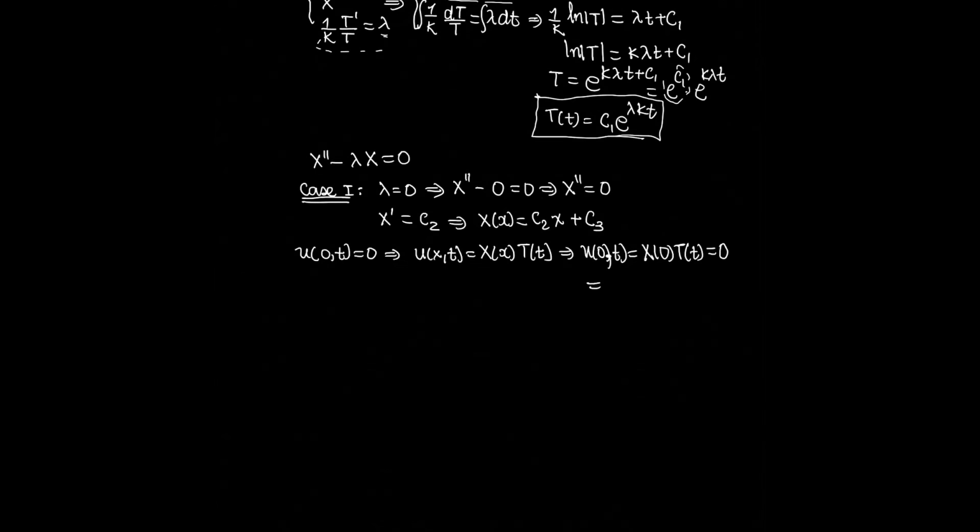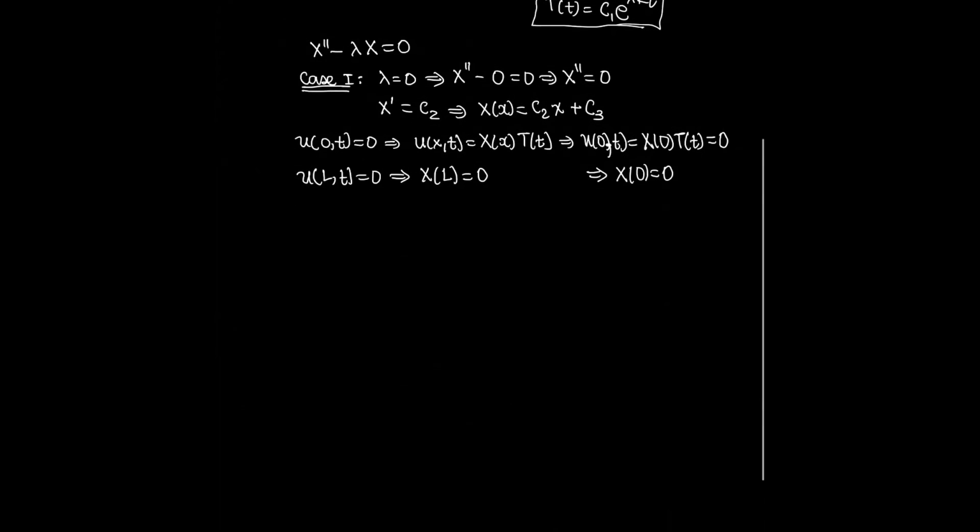From here I can isolate X(0) equal to 0. Then when u(L,t) equals 0, if I do the same procedure, I end up with X(L) equal to 0. Now I'm going to use these two conditions to find the constants. X(0) is going to be C2 times 0 plus C3, which has to be equal to 0.